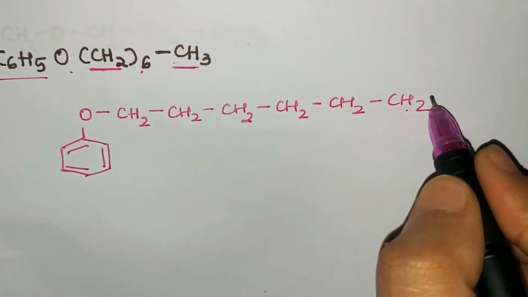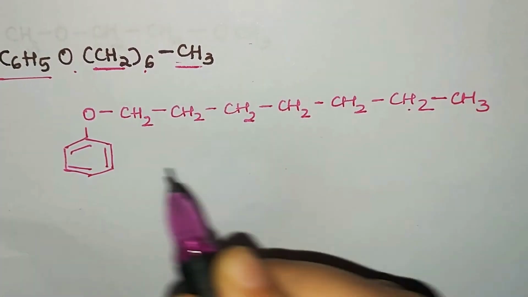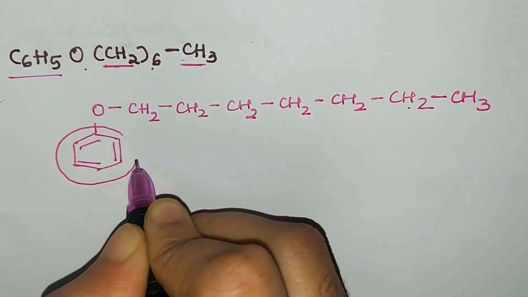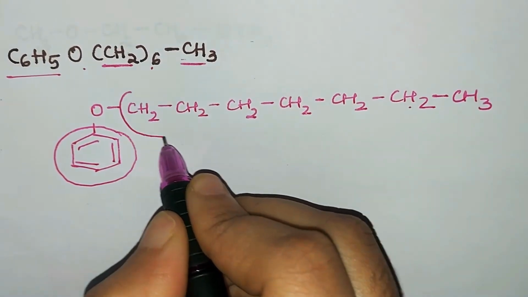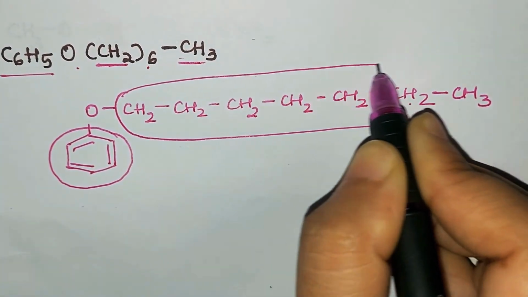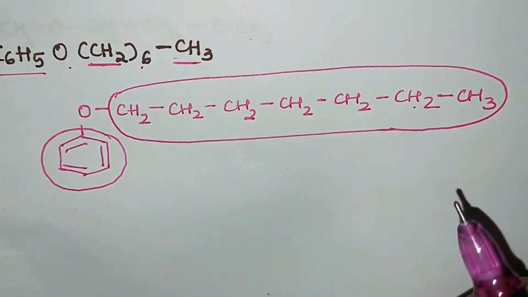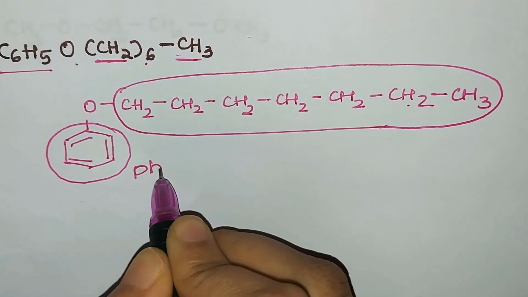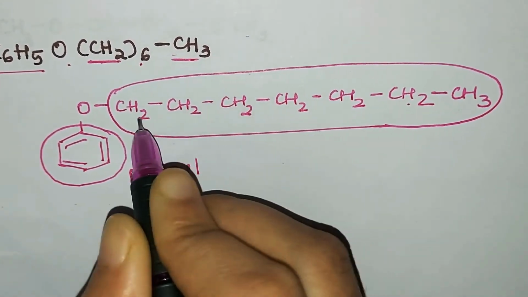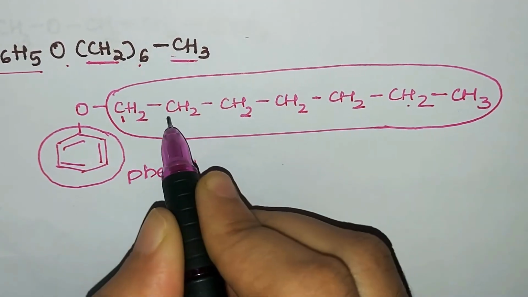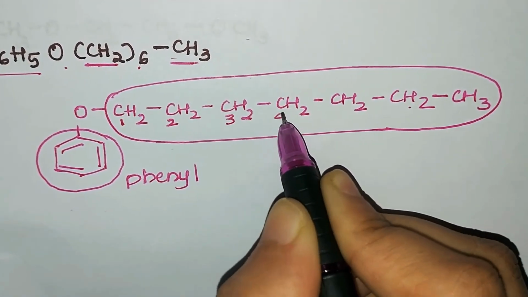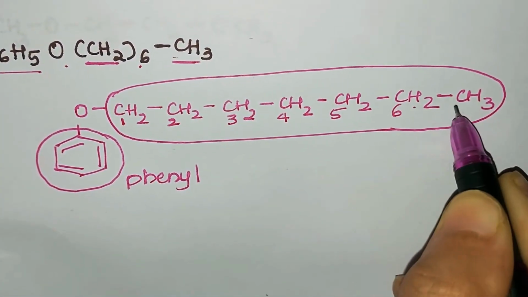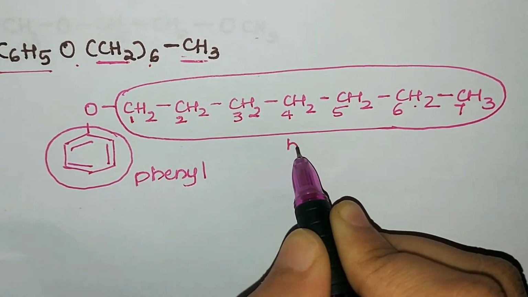Now count the number of carbon atoms here. You have the benzene ring, C6H5, which we call phenyl. On the other side, how many carbon atoms do you have? 1, 2, 3, 4, 5, 6 and 7. Seven carbon atoms, hence it is heptyl.